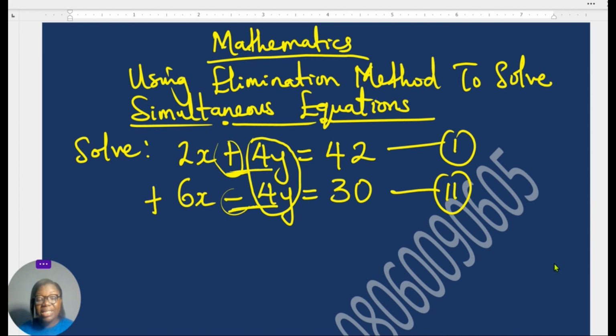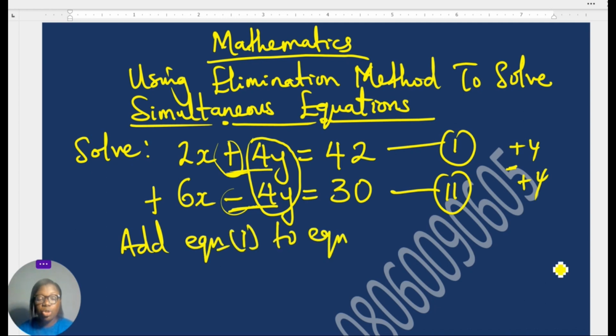If you have minus 4 and minus 4, you subtract, and if you have plus 4 and plus 4, you also subtract. But when the signs are different, you should add. That is why we are going to add equation 1 to equation 2.